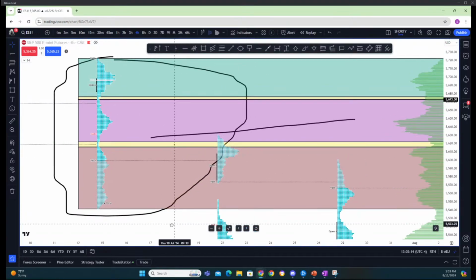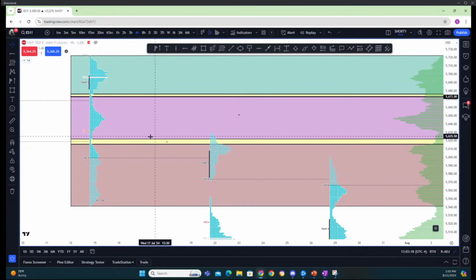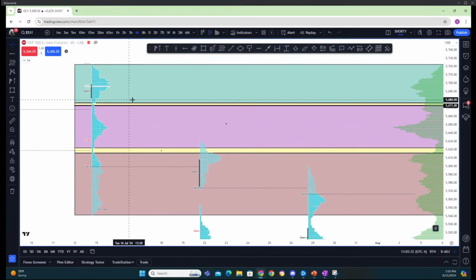Okay, so why would the single prints play a role? Once you have the price above that level, there's a high chance you're going to trade within that distribution, where the value was at that time. So now this is a triple distribution separated by a nice set of single prints at each level.